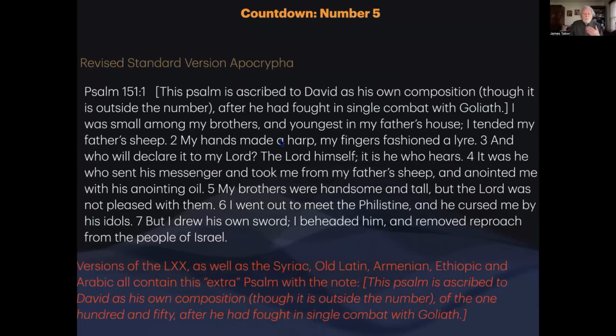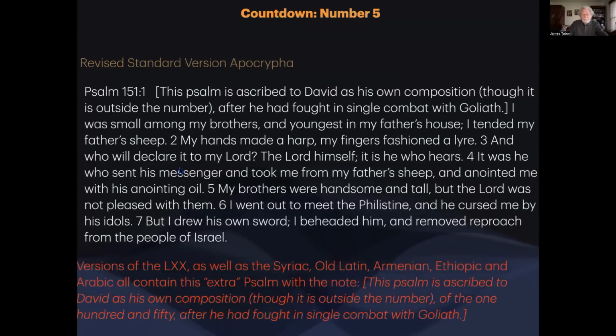Now, we've known long before the Dead Sea Scrolls were discovered that some translations of the Hebrew Bible, such as the Septuagint, we call it the LXX, the Greek translation of the Hebrew, have that extra psalm. It's just that our oldest Hebrew copy from the Leningrad Codex, 1000 AD or CE, doesn't have that psalm.